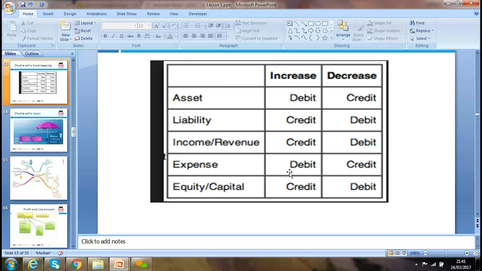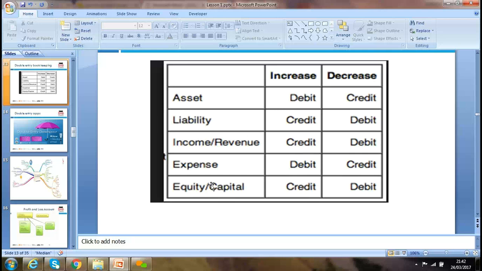Asset is also debit, but asset goes in the balance sheet and expense goes in the profit and loss. We'll try to do a few questions in the next lesson. That will help you to clear the concept. When the expenses decrease, when your expenses are paid off, you do credit then.